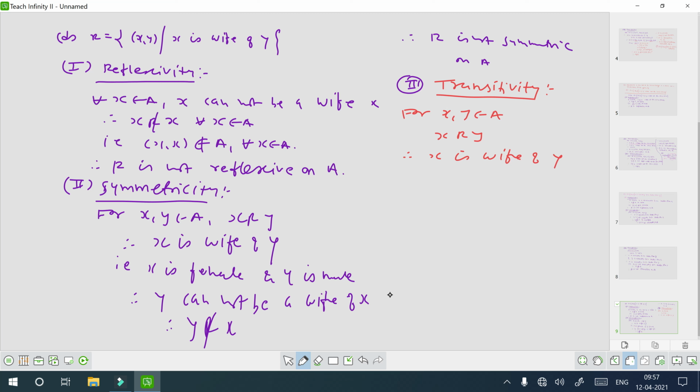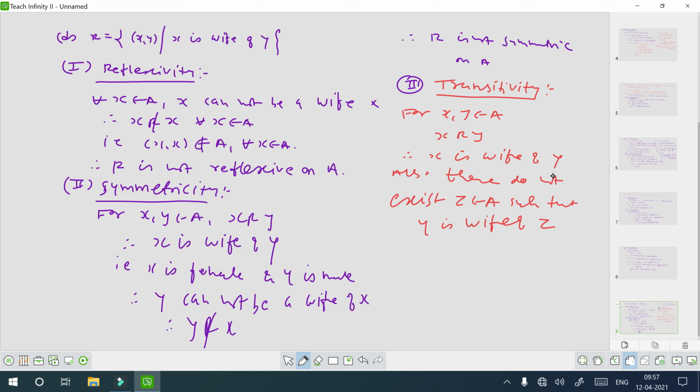There do not exist z in A, means any person in set A, such that y is wife of z, because y is male, and a male cannot be wife of any other person.